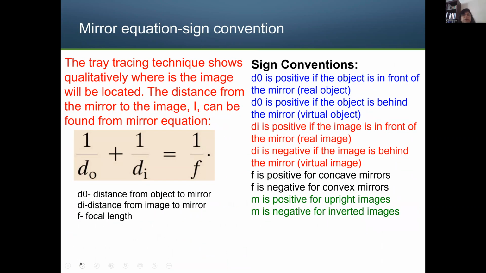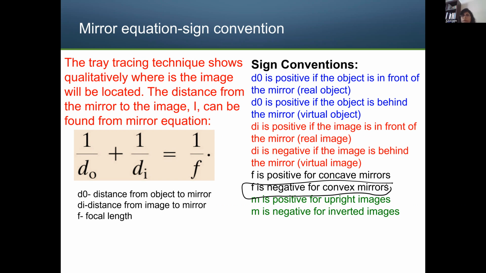Now let's move into a little bit about this equation. This equation has some information, right? If you do it with this sign convention, those will be very useful. One thing you need to remember is that f is a negative value for the convex mirror, right?